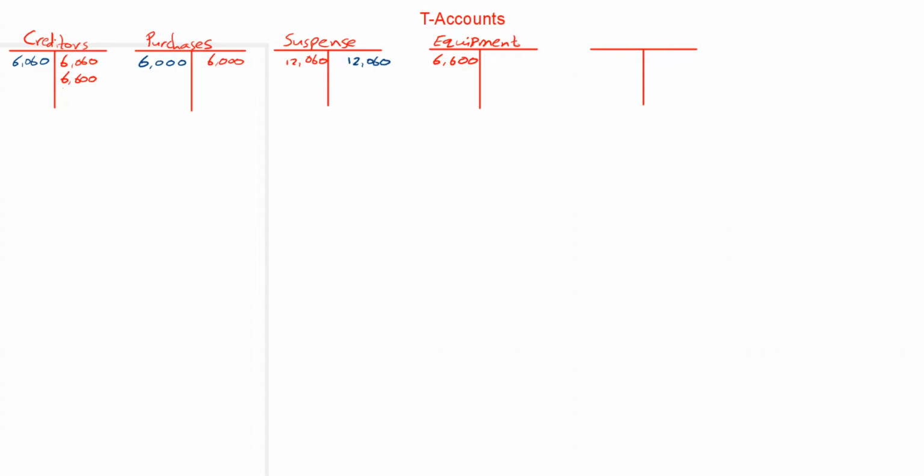However, because we made three different errors, we have wrong figures, wrong sides, and we use purchases instead of equipment, we had to just net everything, get it to 0, and redo the double entry. So that means there's 1, 2, 3, 4, 5. There's 5 different entries that we have to make into our journals. So we'll do that later on.